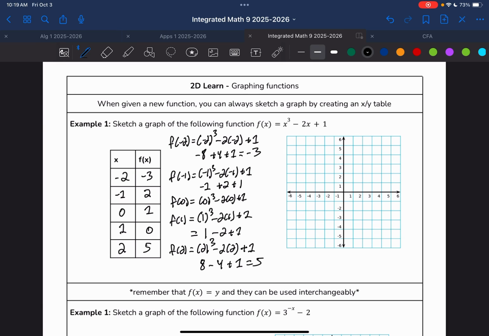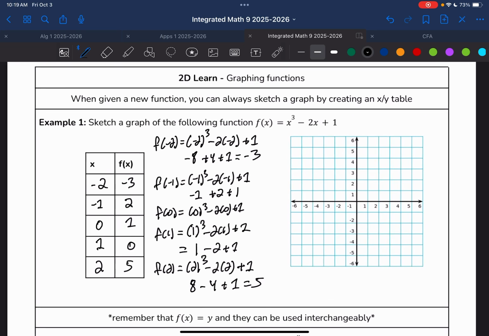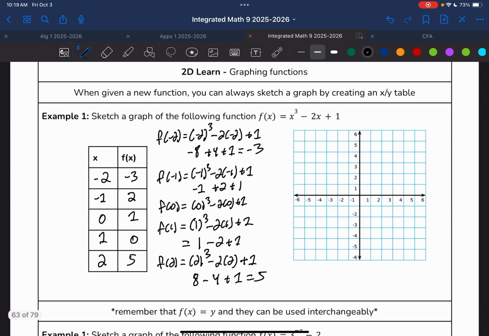Now that I have my points, I can graph where they fall. We have -2, -3, so that's going to be down here. -1, 2, that's going to be there. 0, 1, that's going to be there. 1, 0, that's going to be there.